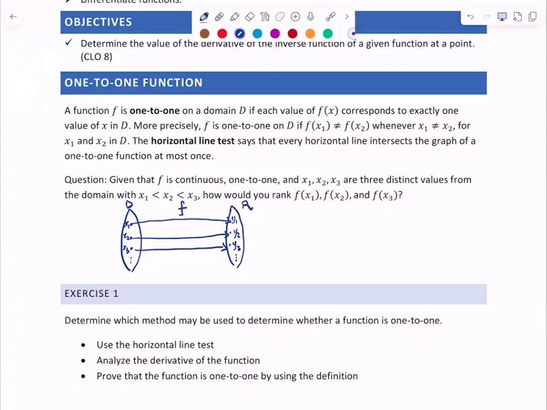The importance of one-to-one is because we're going to study the inverse function. So it's like a reverse assignment. What does that mean? Visually, this time I'm going to pick y1 and make the assignment to x1.